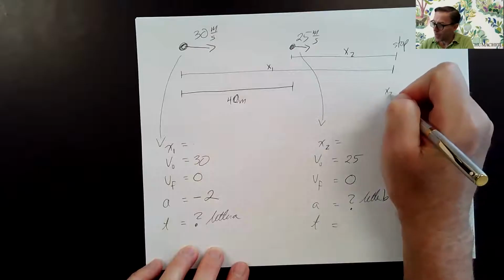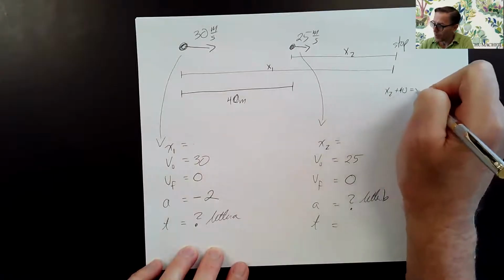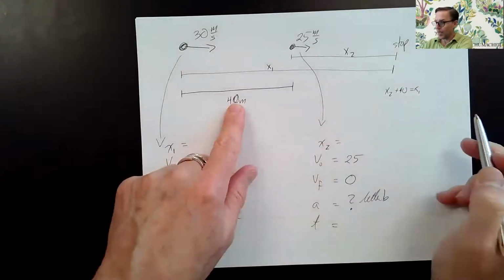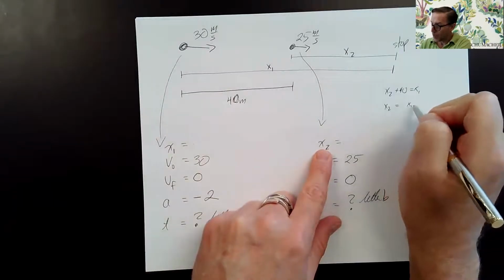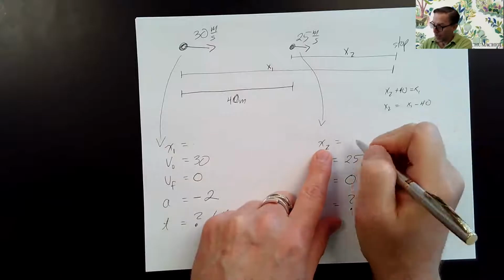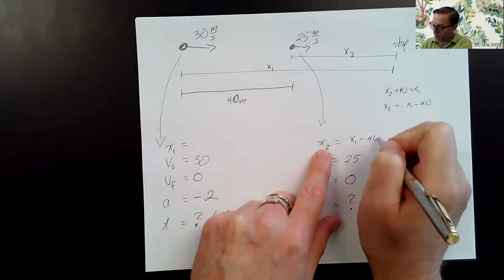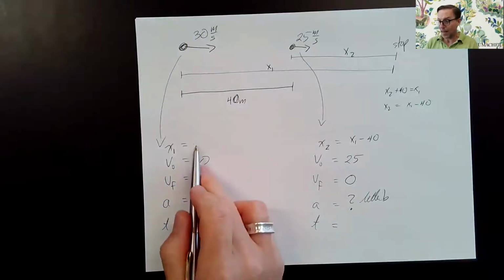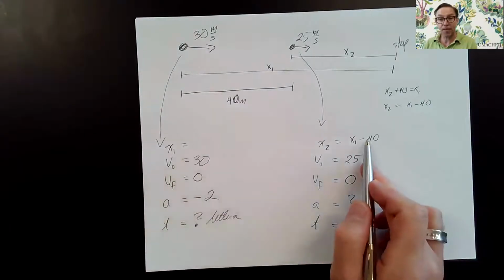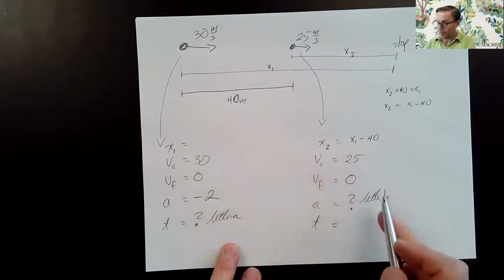Do you see that? x2 plus 40 equals x1. This plus this equals this. That means instead of x2, I can write x1 minus 40. So if I find this, I'm done with letter A. If I find this, I subtract 40 from it, and then I can find letter B.